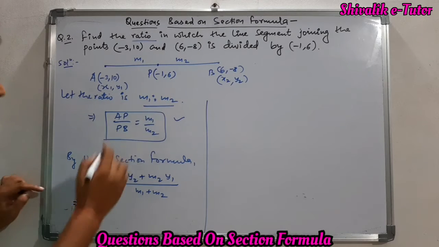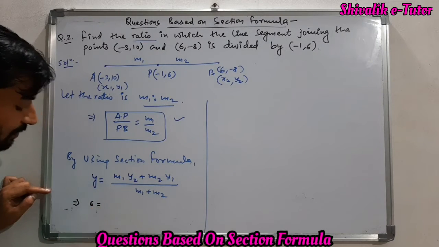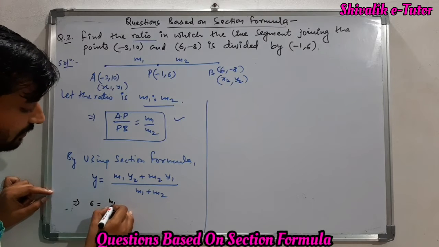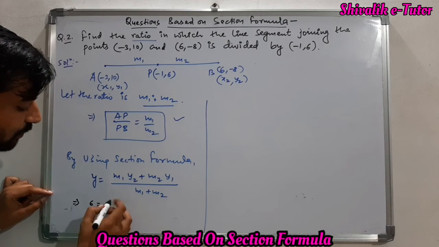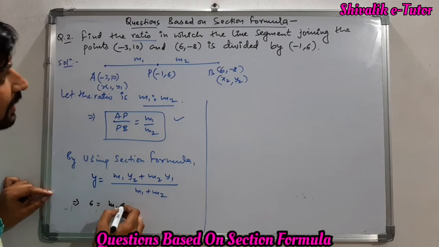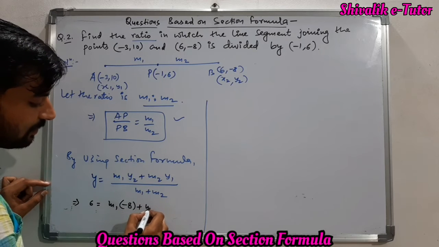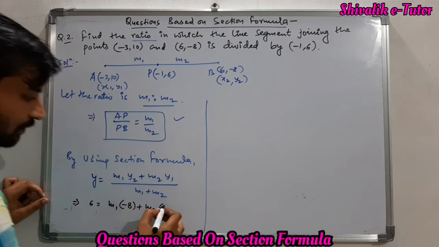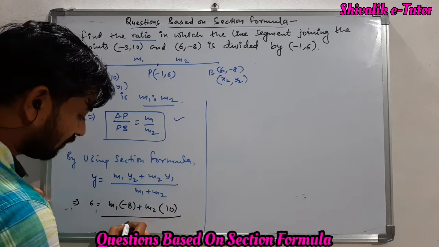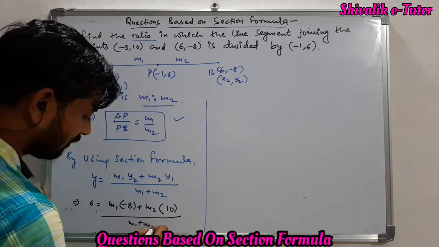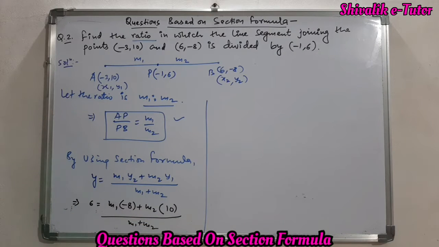So the y coordinate of point P is 6 here, so 6. m1 is unknown to us, m1 we want to calculate here. m1 y2, the y coordinate of second point is minus 8 plus m2, the y coordinate of first point is 10, upon m1 plus m2 which we want to calculate.